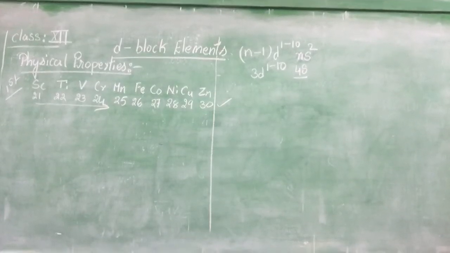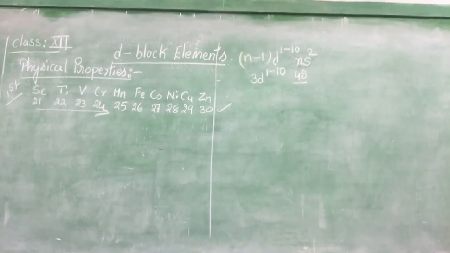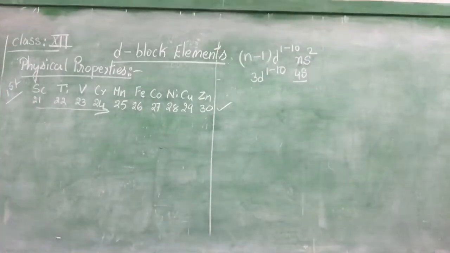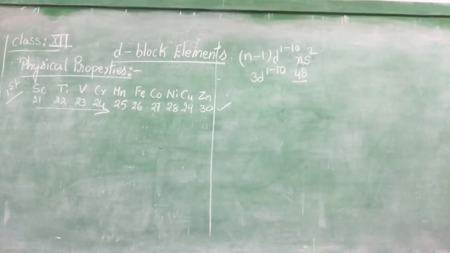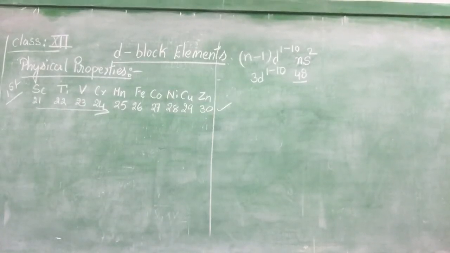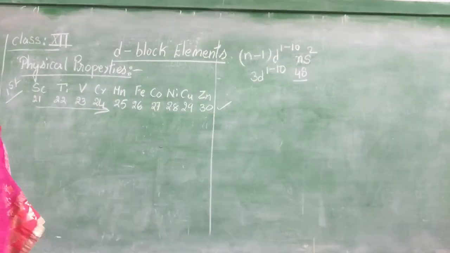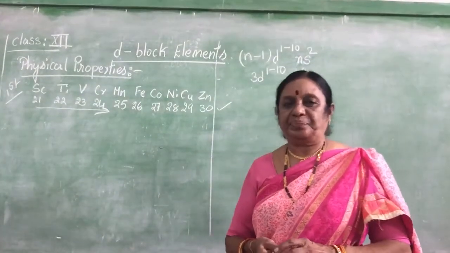Now here, this phenomenon is associated with the intervention of the 4f orbital, which must be filled before the 5d series of elements begins. The filling of 4f orbitals before 5d orbital results in a regular decrease in the atomic radii, that is called lanthanoid contraction. What did I say? The filling of 4f orbitals before 5d.